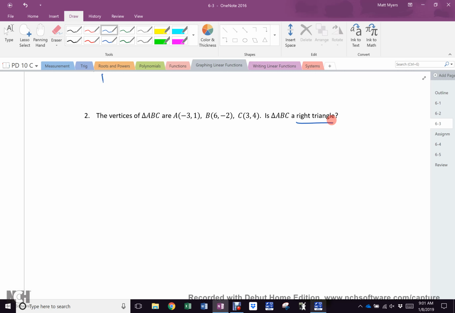How many slopes do I need to check? I need to check 2, but which 2? You don't know, unless you do what? Okay, you could check them all, but then I would have to do 6 sets of slope, right? What if I did this?